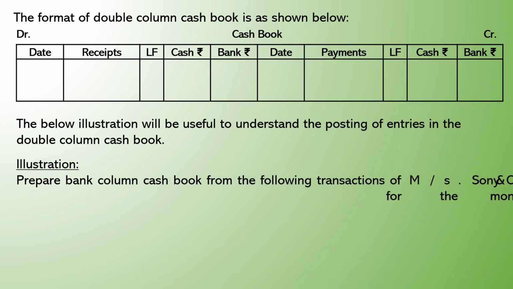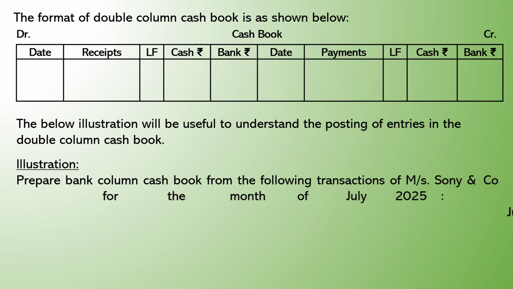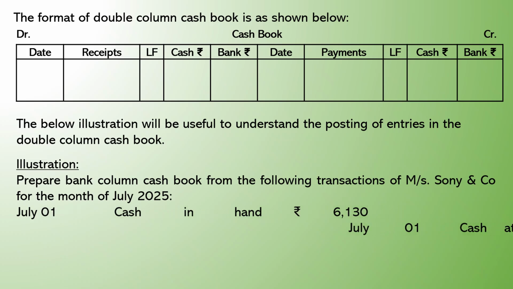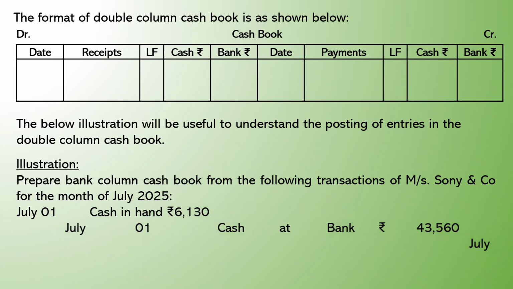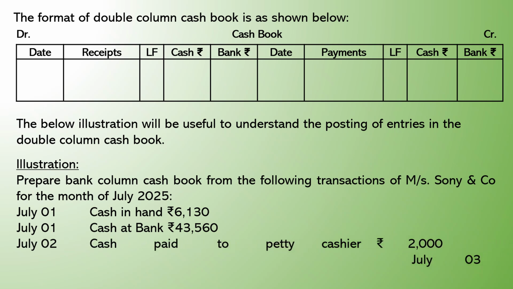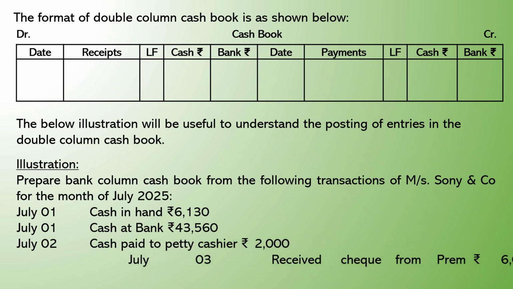1st July. Cash in hand 6,130 rupees. 1st July. Cash at bank 43,560 rupees. 2nd July. Cash paid to petty cashier 2,000 rupees. 3rd July.